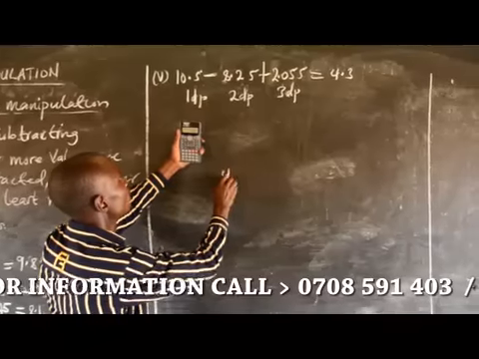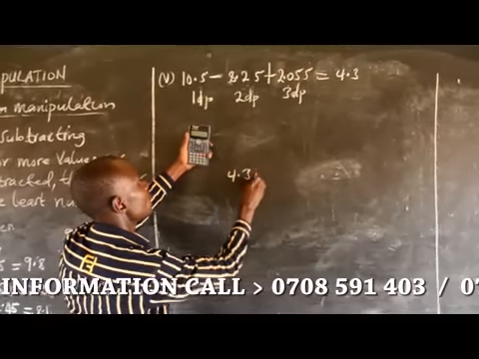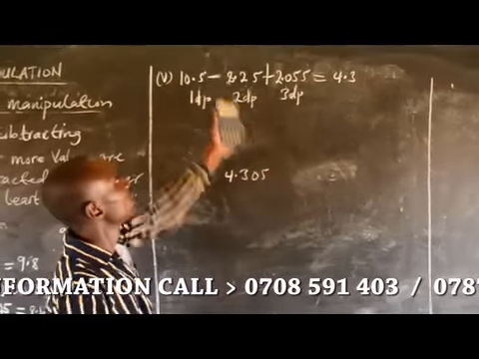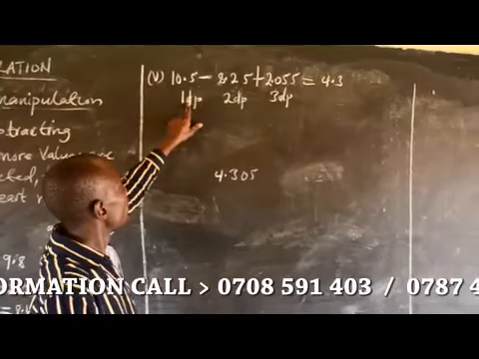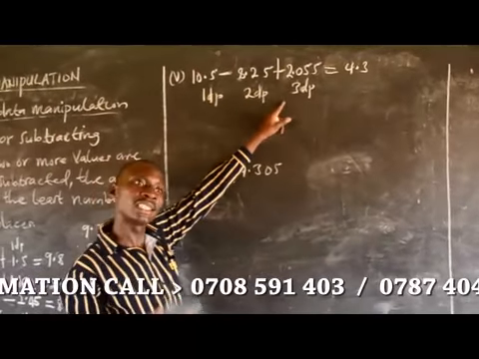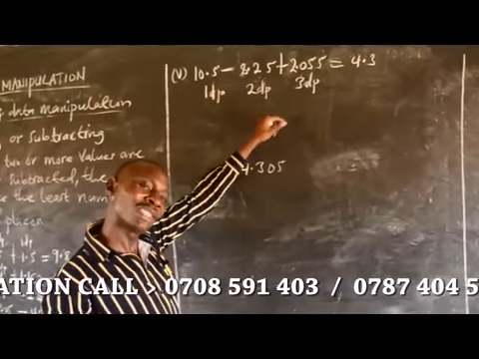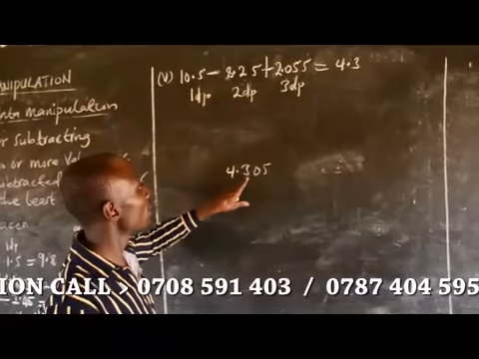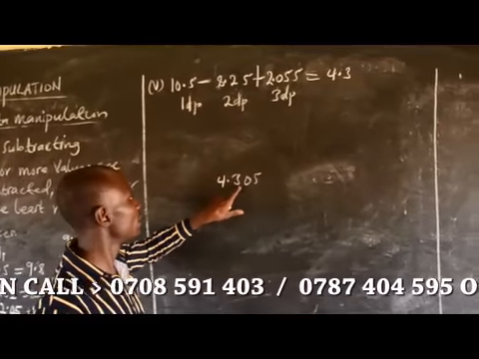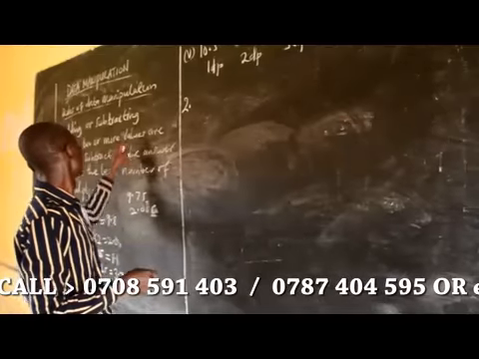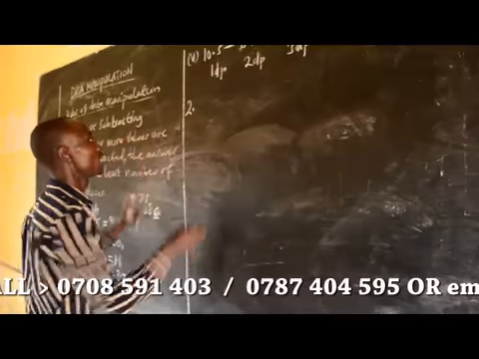What you get will be 1.305. But when you observe these 3, this one has 1 decimal place, this one has 2, this one has 3. The least is 1. So you answer with 1 decimal place, and you have to round this off to 1 decimal place. Then adding and subtracting, that is what we do.